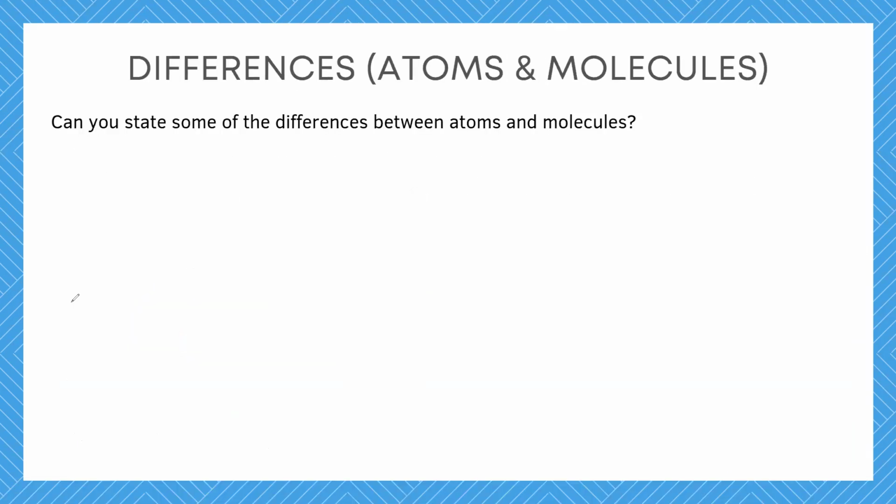So now, this brings us to the next class activity I want us to carry out. Can you state some of the differences between atoms and molecules? David, you state one, and then Dominic, you state one. Let's go. Atoms are the smallest part of an element.